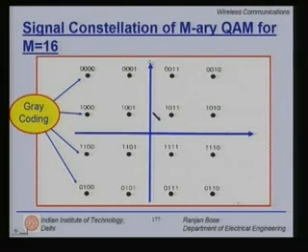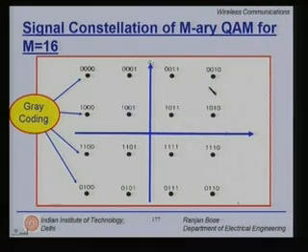The logic is as follows: the probability of error increases as you move two signals closer to each other in the signal space. And so if error does happen, then the number of bits in error should be minimum, right?